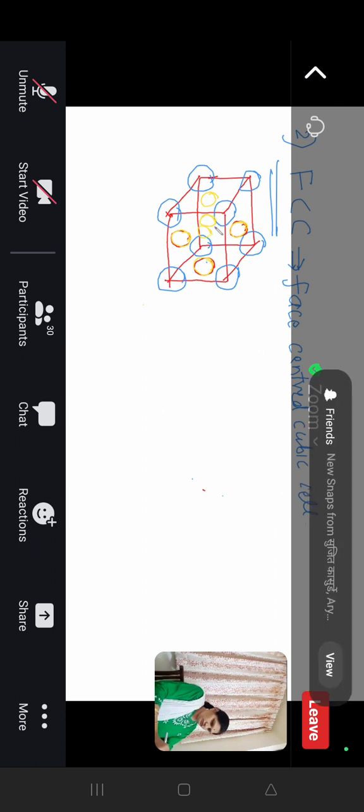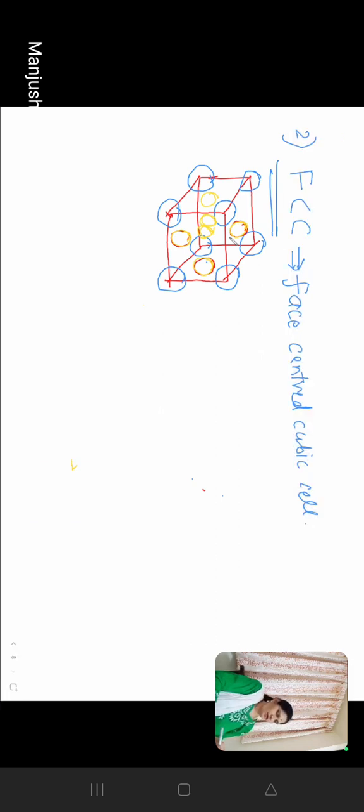At the center of each face, there are atoms. Now, how to calculate radius in this case?